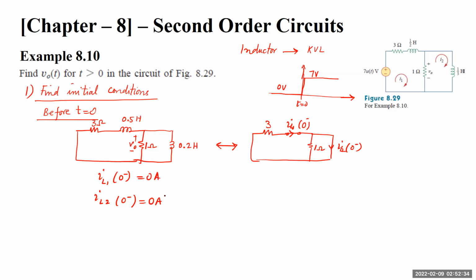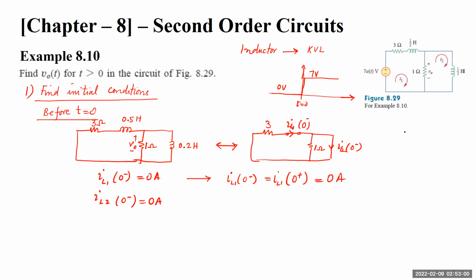So the initial conditions for current for both of these inductors is that both inductors are magnetized to 0 amperes of current before this voltage source comes into play. From here we can easily say that IL1 at 0 negative is equal to IL1 at 0 positive, which is 0.